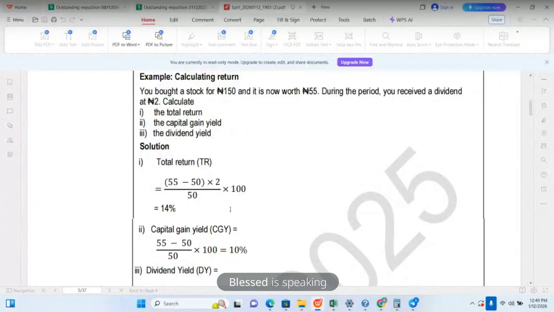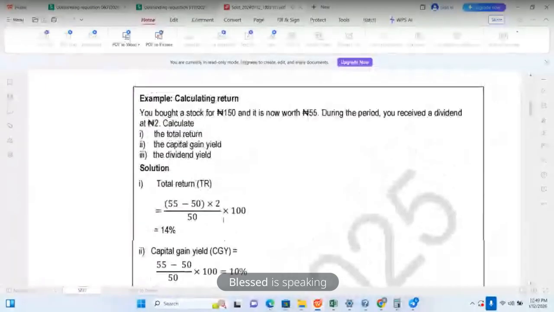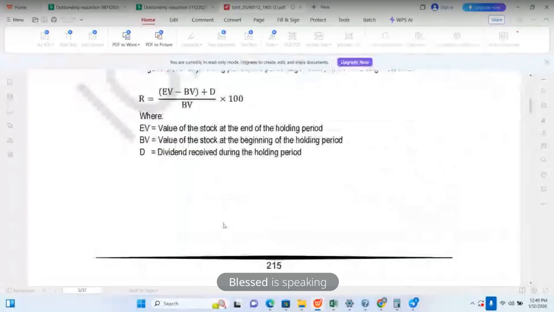During the period, you receive a dividend of 2 naira. Calculate from our figure the cost, the total return, the capital gain yield, and the dividend yield. So now going back to our formula, I expect you to have written it down. Our return R is EV minus BV, and we know that our EV is the value of the stock at the end of the holding period.